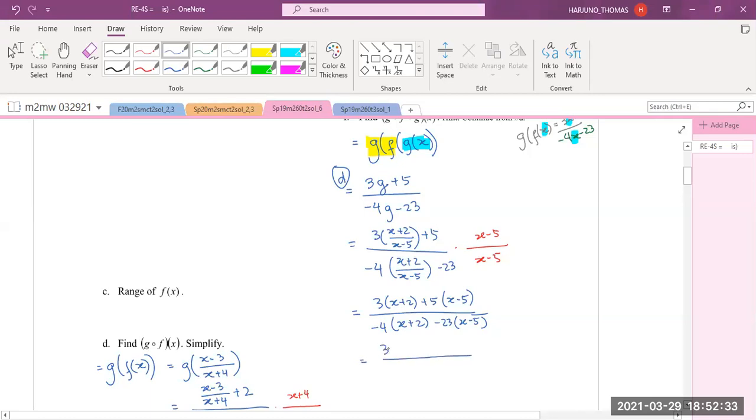That will be 3x plus 6 plus 5x minus 25 over negative 4x minus 8 minus 23x plus 115. That will be 8x minus 19 over negative 27x plus 107.